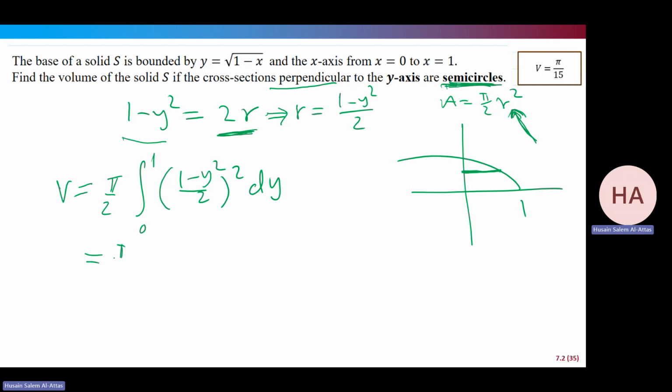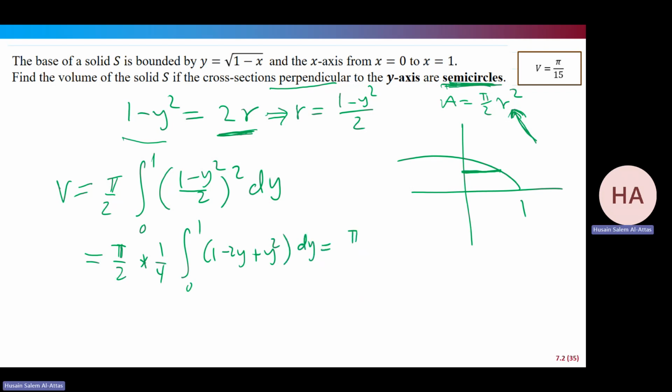This gives me pi over 2 times, I have a square, so 1 over 4 outside, integral from 0 to 1 of 1 minus 2y squared plus y to the power 4 dy.